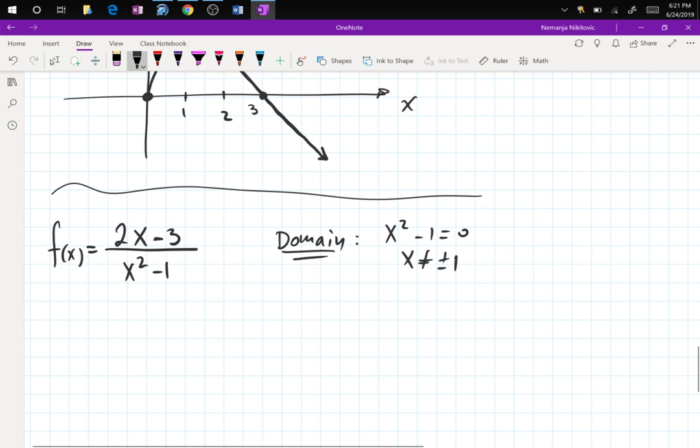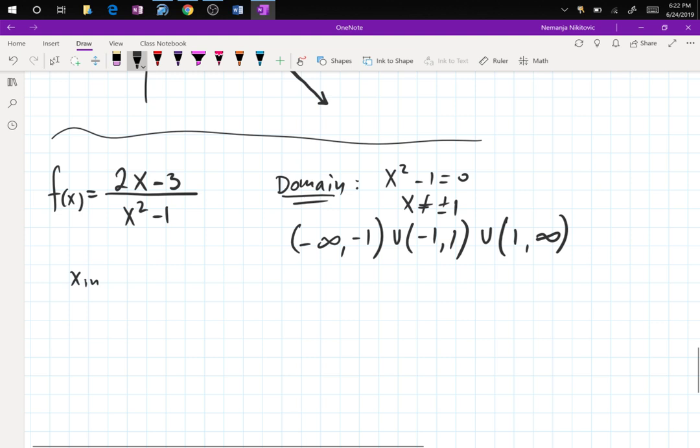So the domain is negative infinity to negative 1, union negative 1 to 1, union 1 to infinity. So we have two interruptions in the domain.